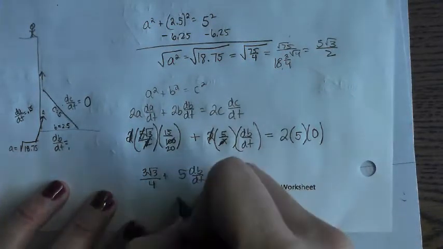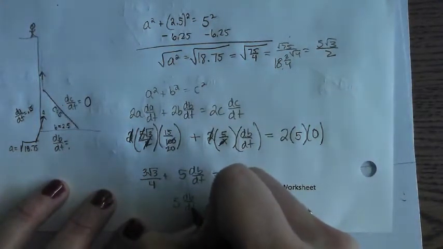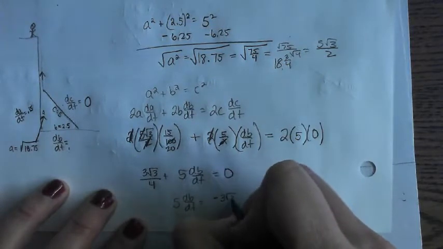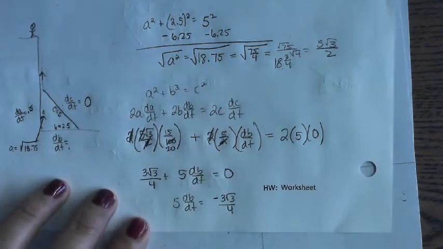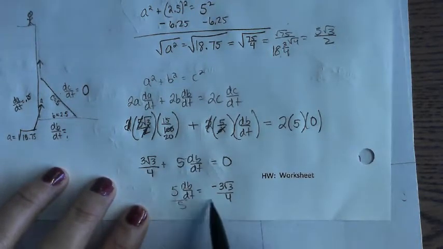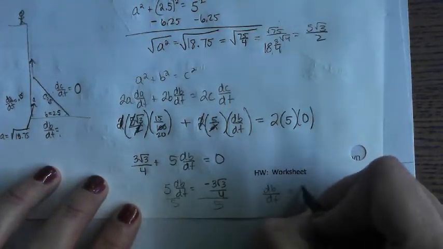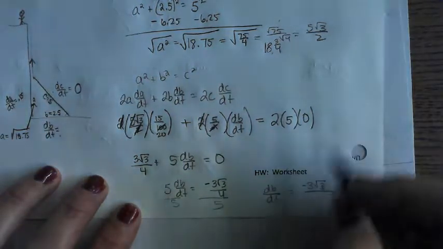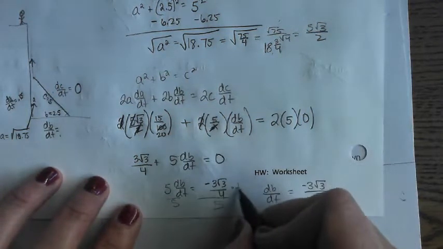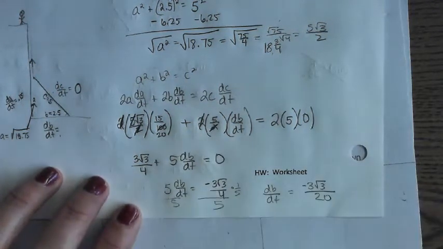Subtract my fraction over. And dividing by 5 is going to make dB/dt equal to negative 3 root 3 over, dividing by 5 is the same as multiplying by 1/5, so over 20.